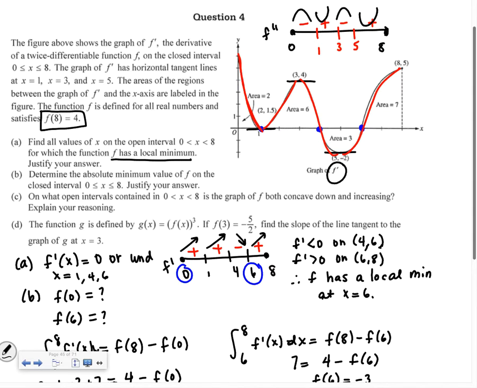And the question is, where is it both concave down and increasing? So we really kind of have to line these up so you can see. So we have 0 to 8, 1, 3, 5. Okay, and we had down, up, down, up. Okay, so we want downs and we want ups.